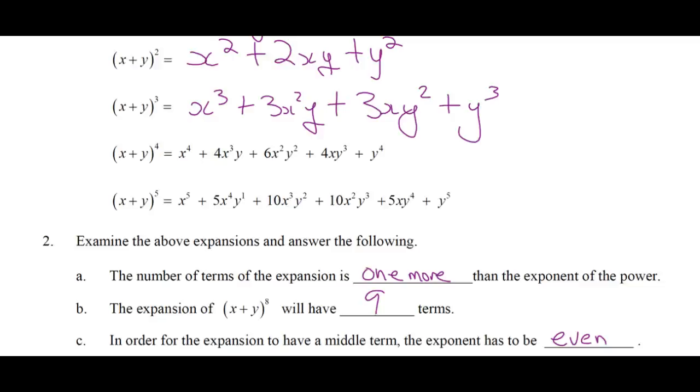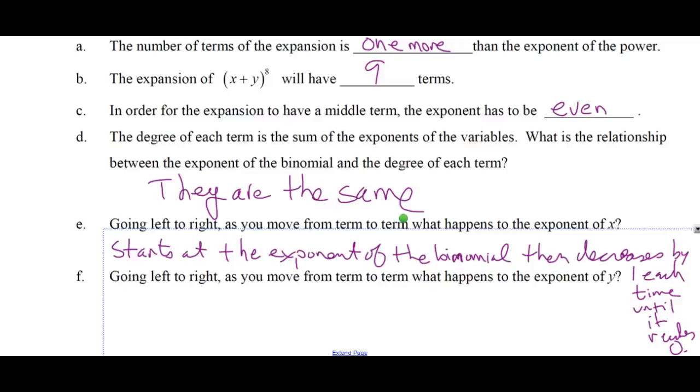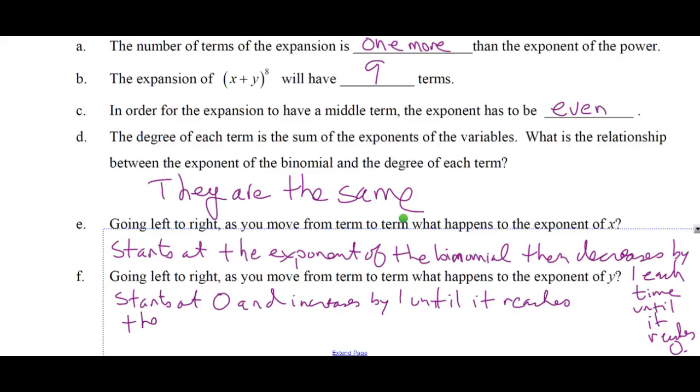Y to the 0, so it starts at 0 and increases by 1 until it reaches the exponent of the binomial. Okay.